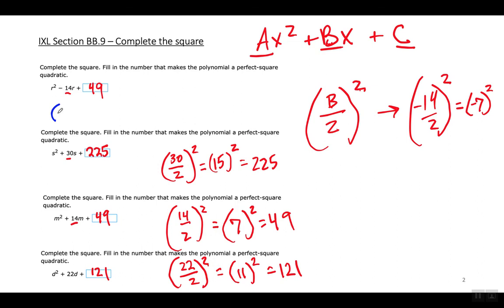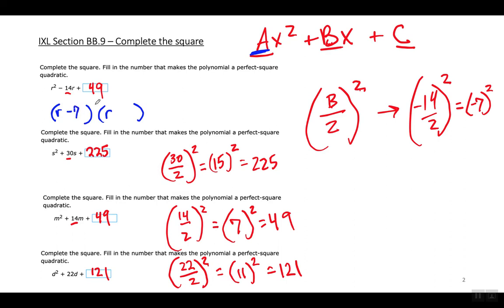So this is what I mean. In all of these examples, the leading coefficient, which is A, is the number 1. So in this one, I just put R and R, and now I need two numbers that when you multiply them give you positive 49, but when you add them give you negative 14.